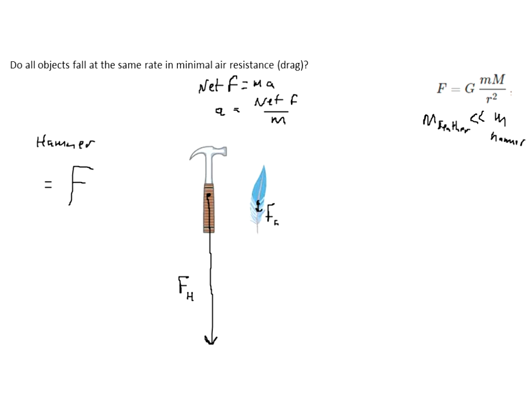It's F sub h. But the mass is large as well. Over here, the force is small for the feather, but the mass of the feather is small as well. So it turns out that the acceleration is the same in each case.